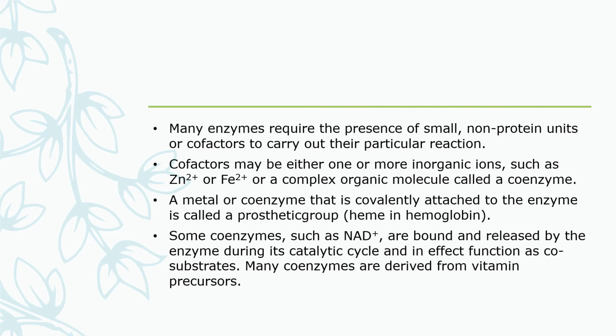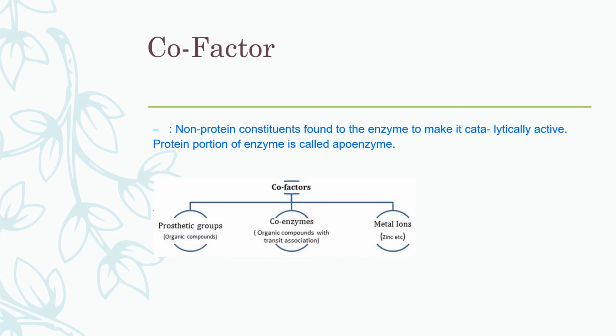A metal or coenzyme that is covalently attached to the enzyme is called a prosthetic group, like heme in hemoglobin. Some coenzymes such as NAD are bound and released by the enzyme during its catalytic cycle and in effect function as co-substrate. Many coenzymes are derived from vitamin precursors.